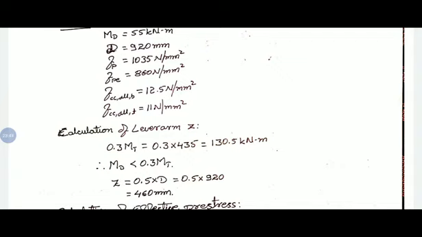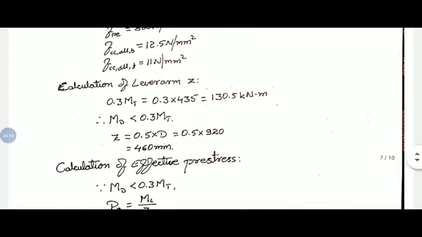Here we need to observe the condition. So 30% of MT, how much will it be? 130.5 kilonewton meter. The given dead load moment is 55 kilonewton meter. So MD is less than 0.3 times MT, so we have to consider the second case, that is Z equals 0.5 times the depth. So 0.5 into 920, we get 460 mm.